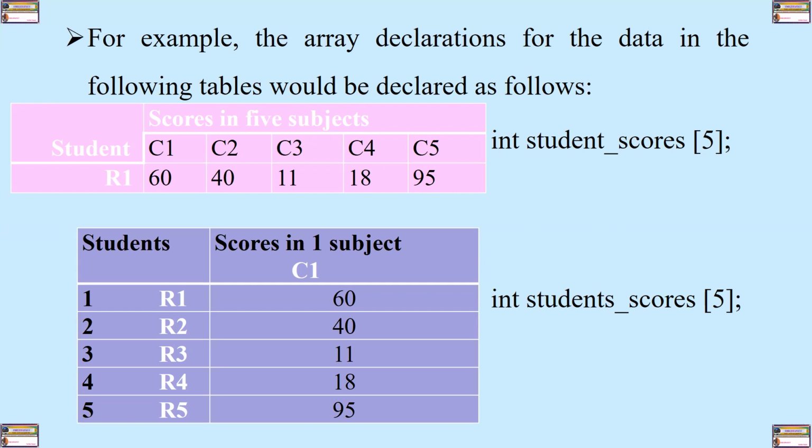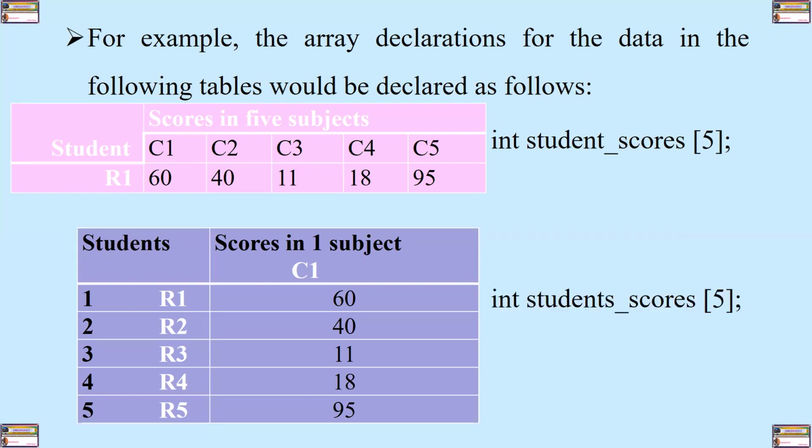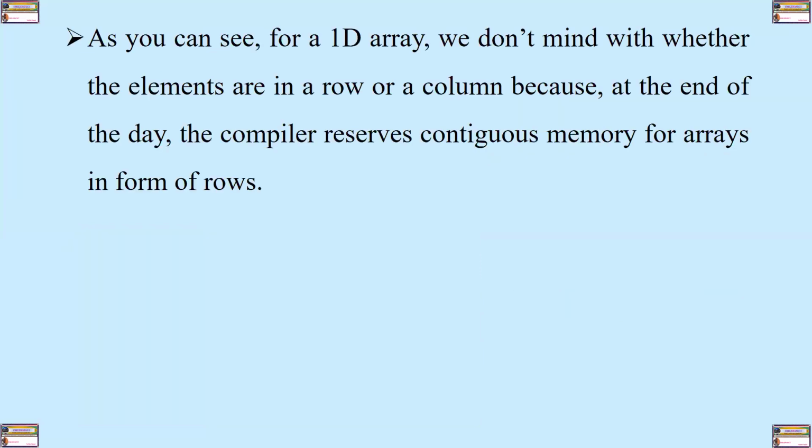If you look at the declaration int student_scores 5, you cannot tell whether the 5 elements are in one row or in one column. So the number of elements is 5, they're of type integer, int, and the variable name is student_scores.